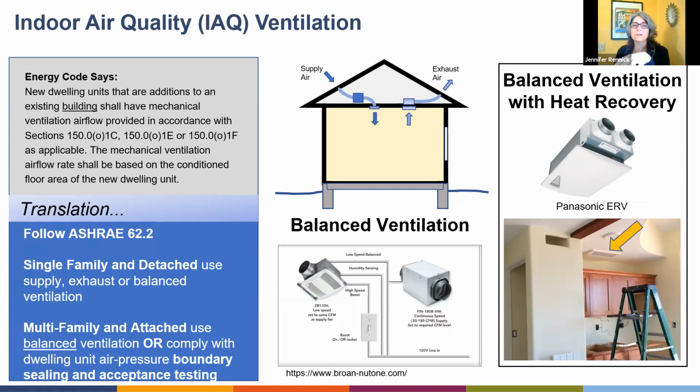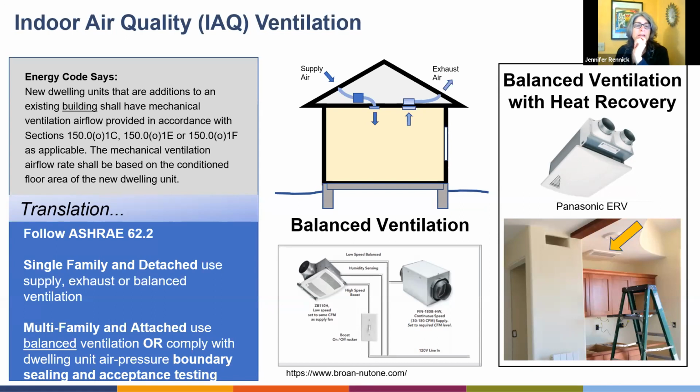And if you don't want to do balanced ventilation, which is really simple now with off-the-shelf products like the Panasonic ERV and other small ERVs where it does both, intake, outlet, small duct system.